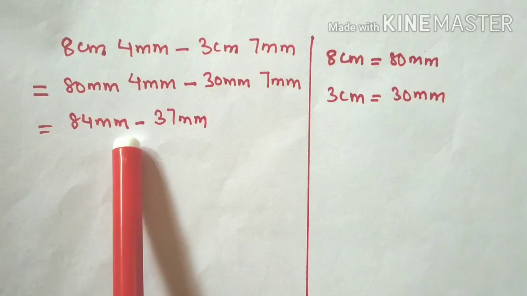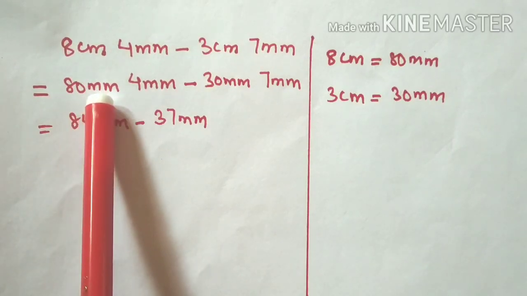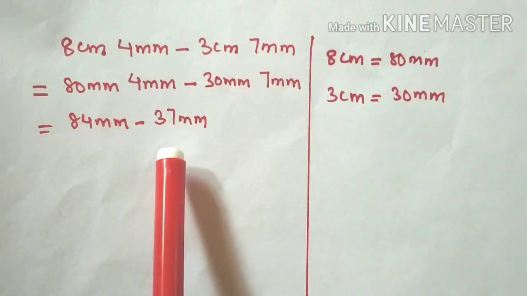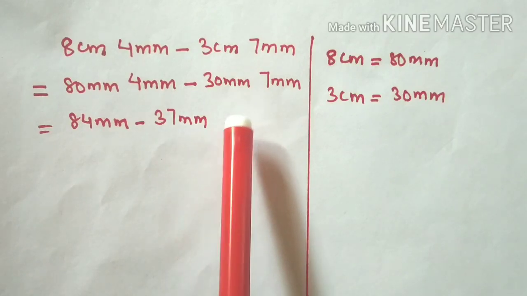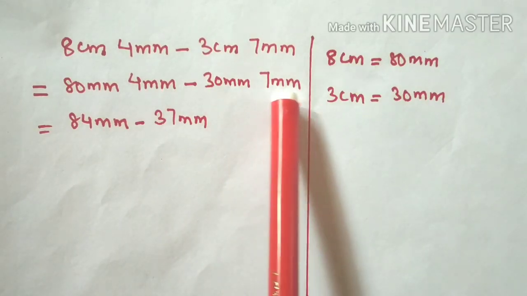We got 84 millimeters by adding 80 millimeters and 4 millimeters, and we got 37 millimeters by adding 30 millimeters and 7 millimeters.